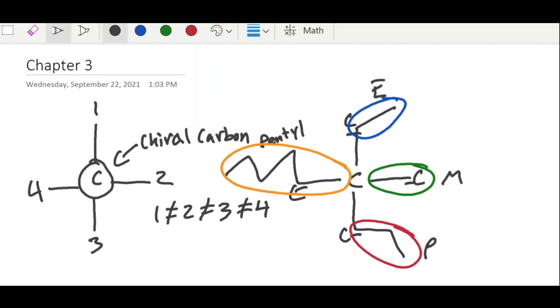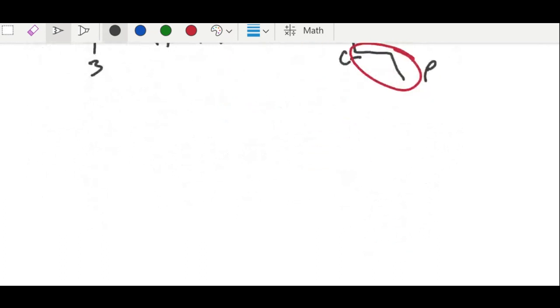All right, so how we number these, we're going to look at weight, so number by atomic mass.